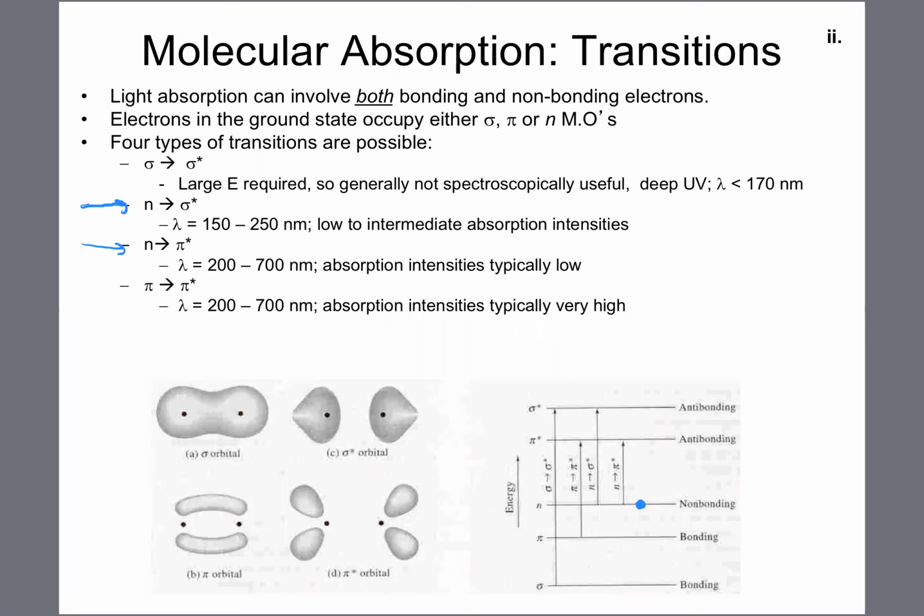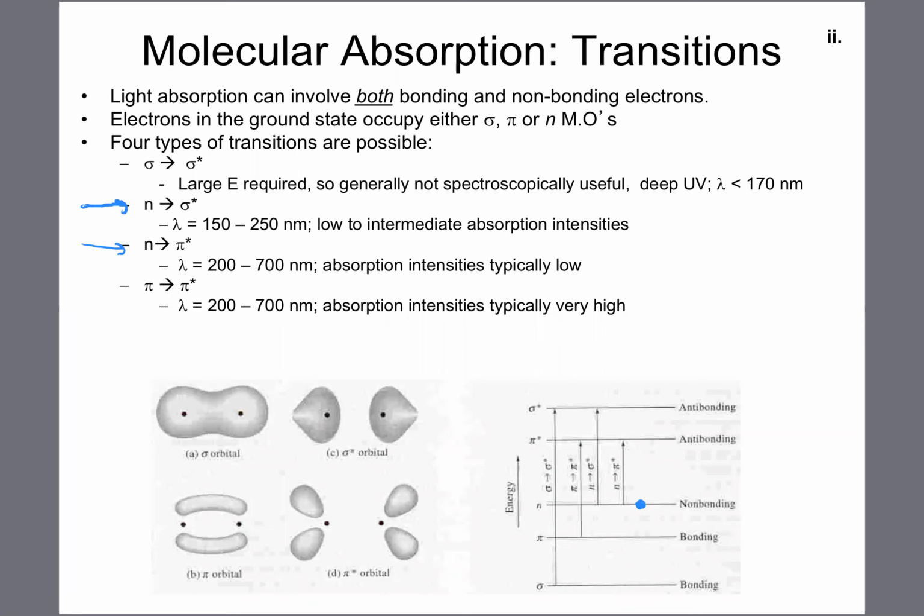So if you're going to do this type of transition, you're probably going to need either a UV photon for the larger gap or UV and maybe even into the visible a little bit, depending on the actual molecule and its energetic structure. But nonetheless, this type of transition is a significantly smaller energy gap than the sigma to sigma star. And because of that, it's a bit more spectroscopically useful.